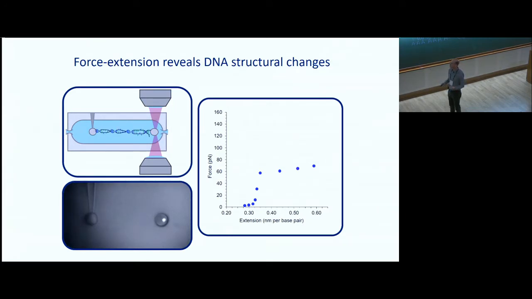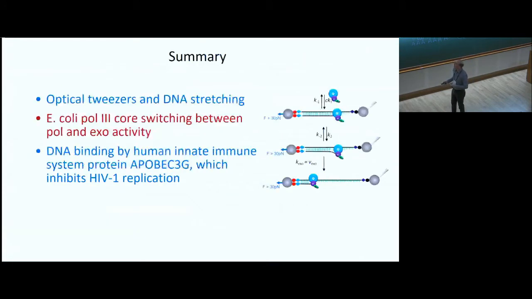If you keep going, you eventually create mostly single-stranded DNA. The important thing for this talk to know is that as you increase the force on double-stranded DNA, you're destabilizing the DNA. That destabilization will help processes that convert double-stranded DNA into single-stranded DNA, and one of those processes is polymerization. I'm going to start out with a story about the E. coli replicative polymerase Pol III core.